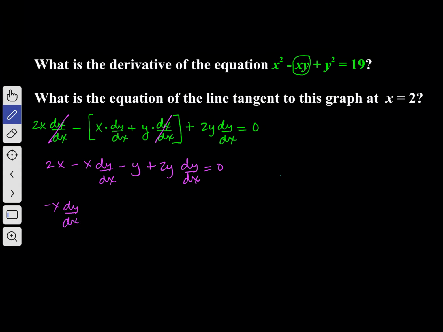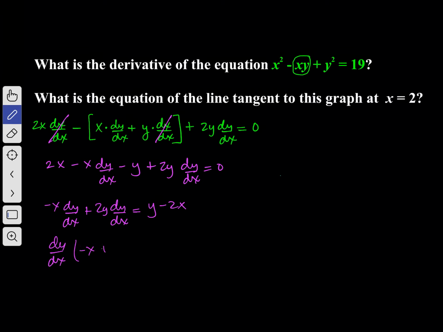I've got the negative x dy/dx plus 2y dy/dx. Leave those guys on the left. On the right side, let's move the 2x and the negative y. So I have y minus 2x. Subtract the 2x, add the y, and so that's what we've got. Let's factor out the dy/dx.